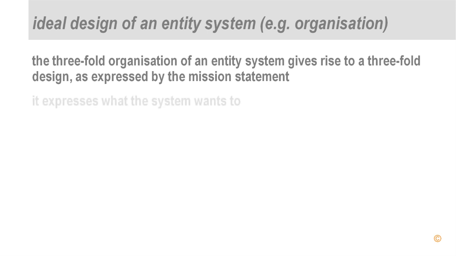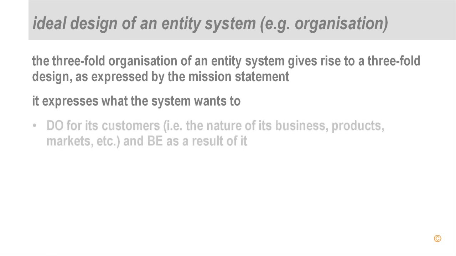A mission statement expresses what the system wants to do for the stakeholders in its external environment, internal environment, and for itself. In the context of an organization, this means what does the organization want to do for its customers, namely what is the nature of its business, its products, services, markets, etc., and what does it want to be as a result of it.